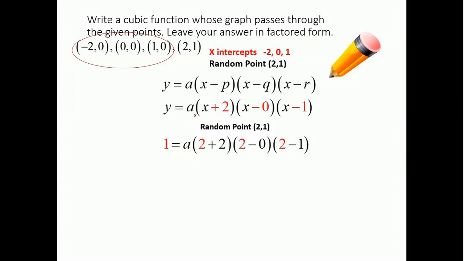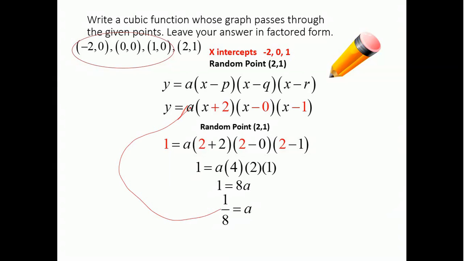So 2 plus 2, we're going to get 4. 2 minus 0 is 2, and 2 minus 1 is 1. Let's do multiplication quick. 4 times 2, 8, times 1, that's 8. And then it looks like I have to divide by 8. So we'll get 1/8 for my a. So just like last time, we're going to take that 1/8 and put it right here.